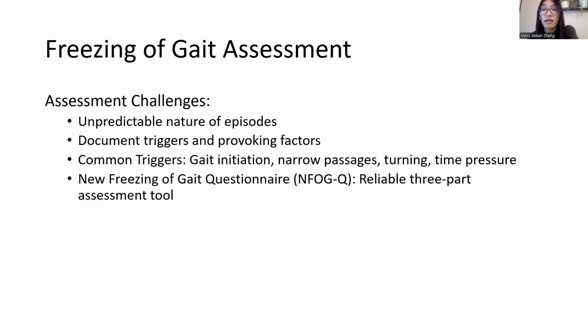The new freezing of gait questionnaire, or NFOGQ, is a reliable 3-part assessment tool that includes a short video to help detect and rate the freezing severity and its impact on daily living. Understanding freezing patterns is crucial because they are strongly linked to fall risk and significantly impact quality of life and independence.